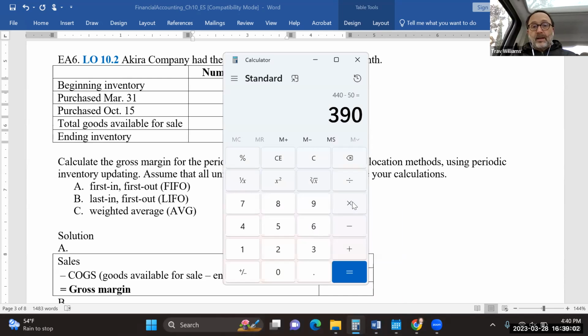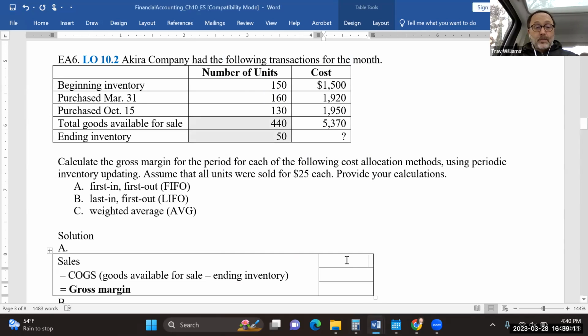So we multiply the number of units times the sales price per unit, and we see our total sales revenue is $9,750. So I'm going to put that here. And again, the same sales revenue is going to apply for A, B, and for C.